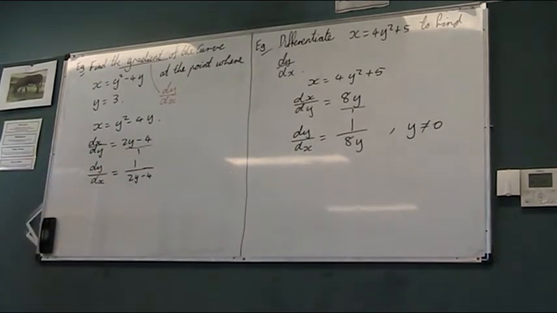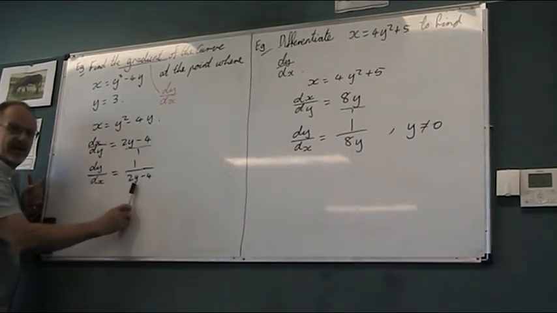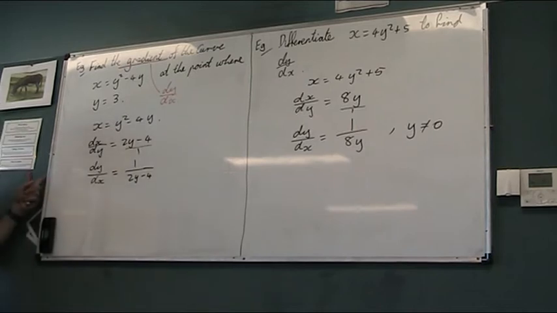And so now we want the gradient at the point where y is equal to 3. So I don't need the x coordinate because this gradient here has y in it.